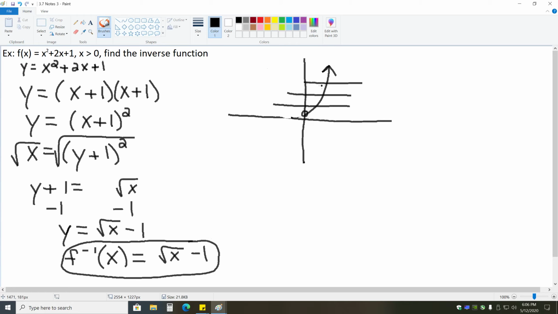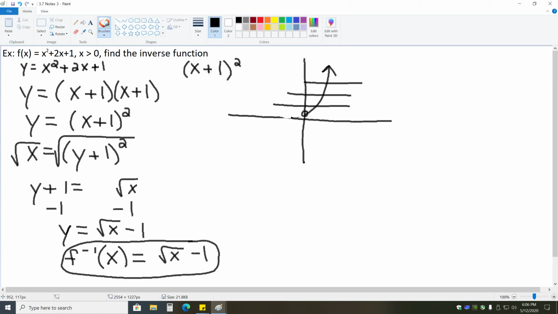It's always very important to try to graph these whenever you can to get a proof that it passes the horizontal line test. And this graph, we knew that if we factored it, it would end up becoming x plus 1 quantity squared, like we have here.